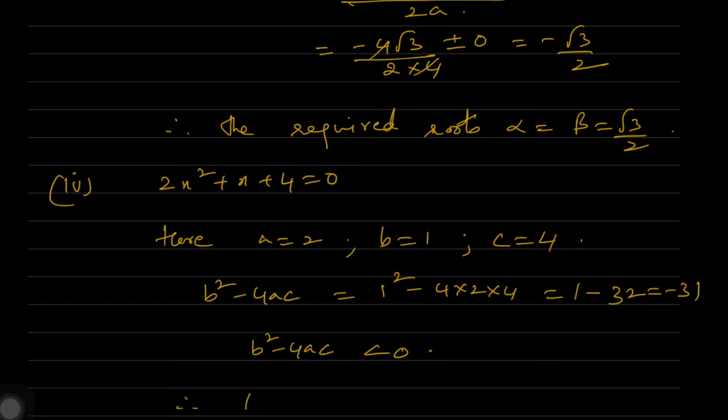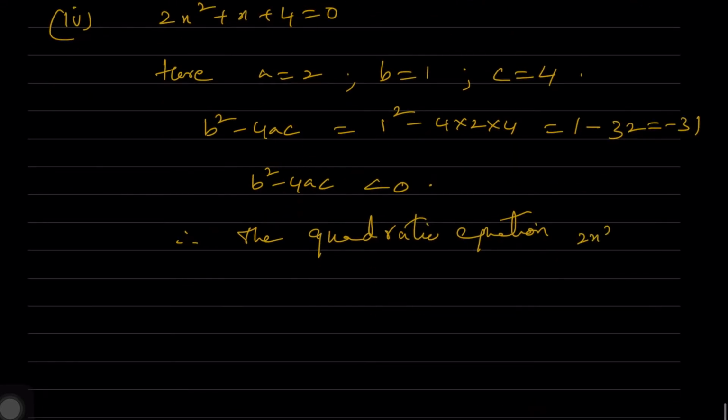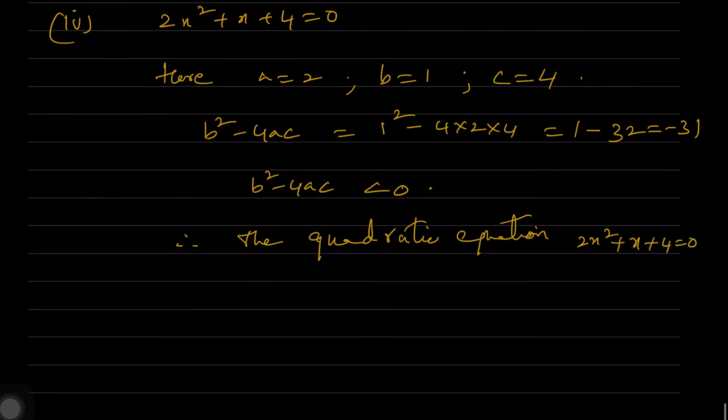Therefore the quadratic equation 2x square plus x plus 4 equal to 0 has no real roots, because the discriminant is less than 0.